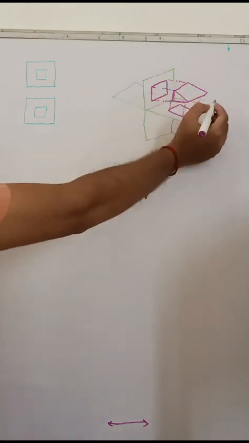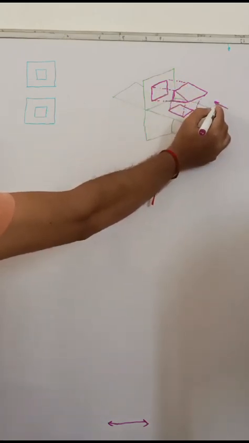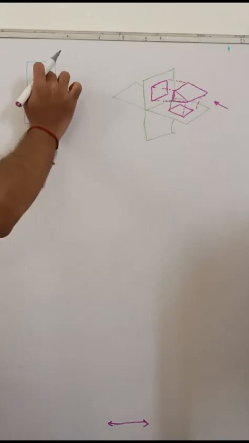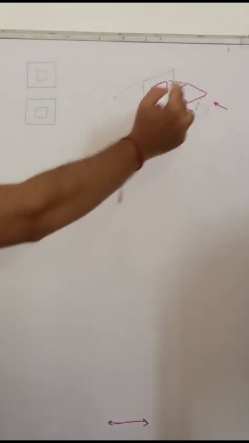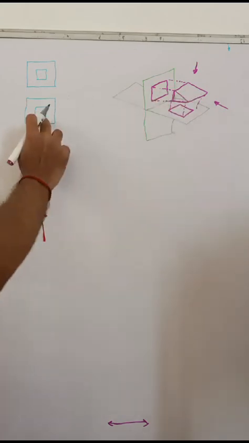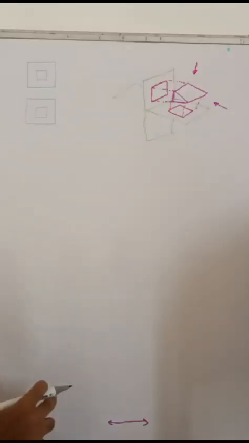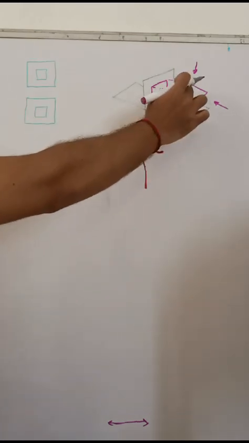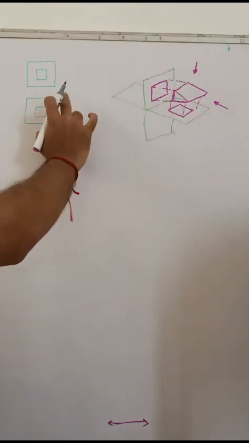Okay, so when you look at from the front, you will have this square, this one is the outside square. If you look at from the top, you will have this square, this is from the top view. So this is the object that we form out of these two.